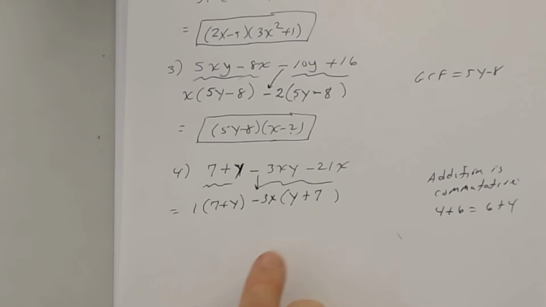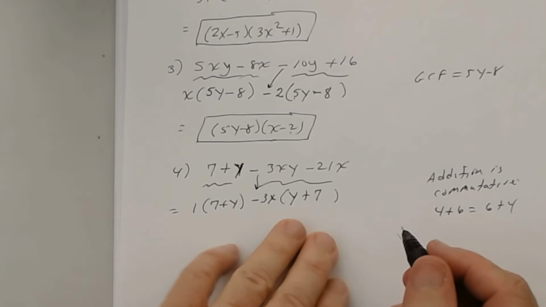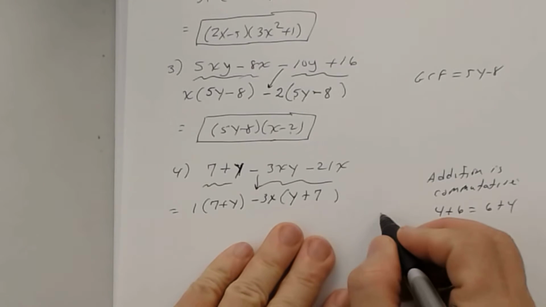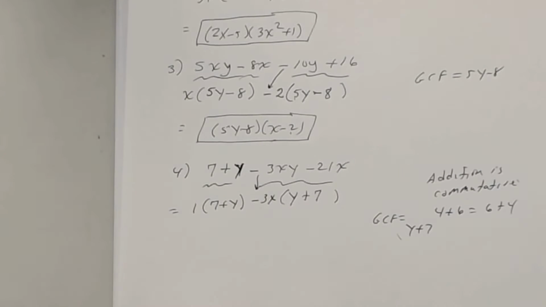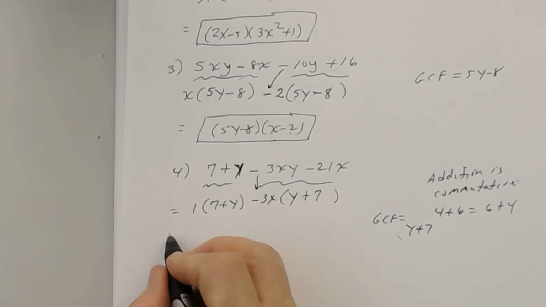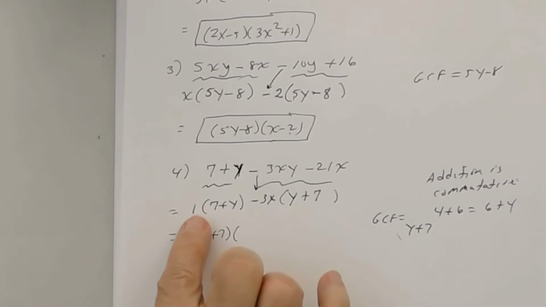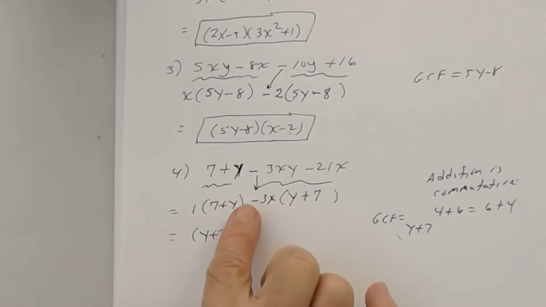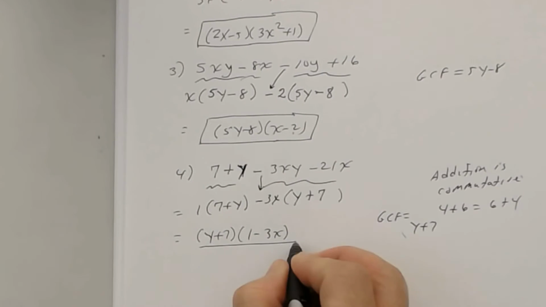Addition is commutative. So the GCF, it doesn't matter whether you say the GCF is 7 plus y or y plus 7. I normally put the variable first. So I'm going to put y plus 7. So let's factor out the y plus 7. So if I factor out y plus 7, in parentheses, I'm left with what? 1 minus 3x. And so there's your answer.